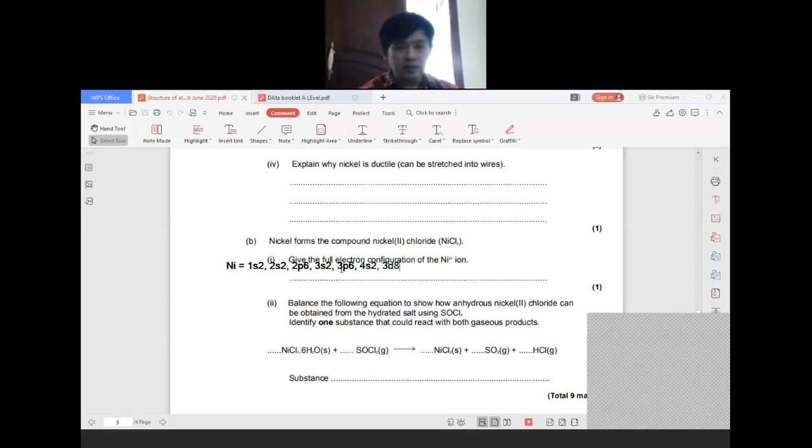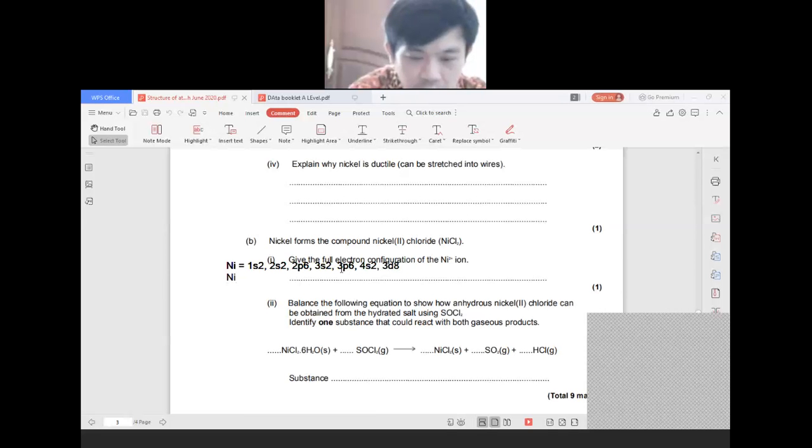This one is 28 nickel, but nickel as an ion, in brackets, 2+. So the electronic configuration, nickel as an ion.